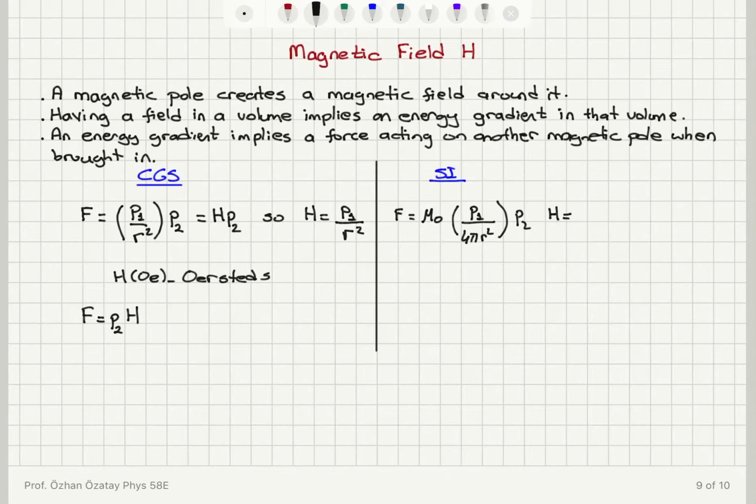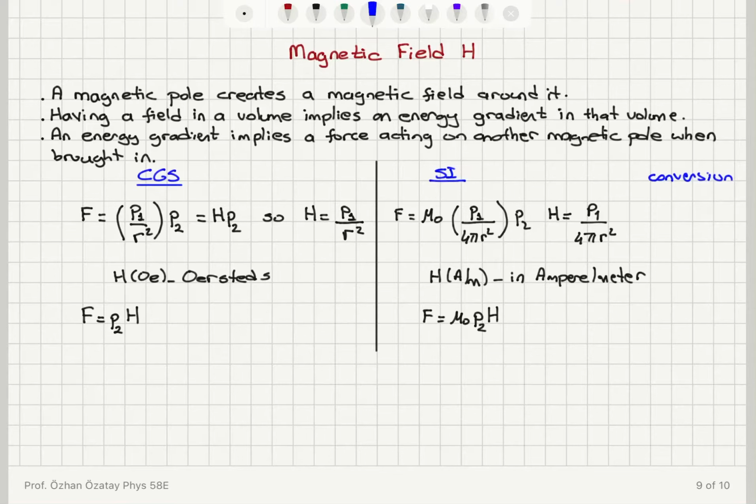So H is now P1 divided by 4 pi R squared instead of P1 divided by R squared, so that H will be measured in ampere per meter, and the force between the two will be given by mu0 P2 times H.